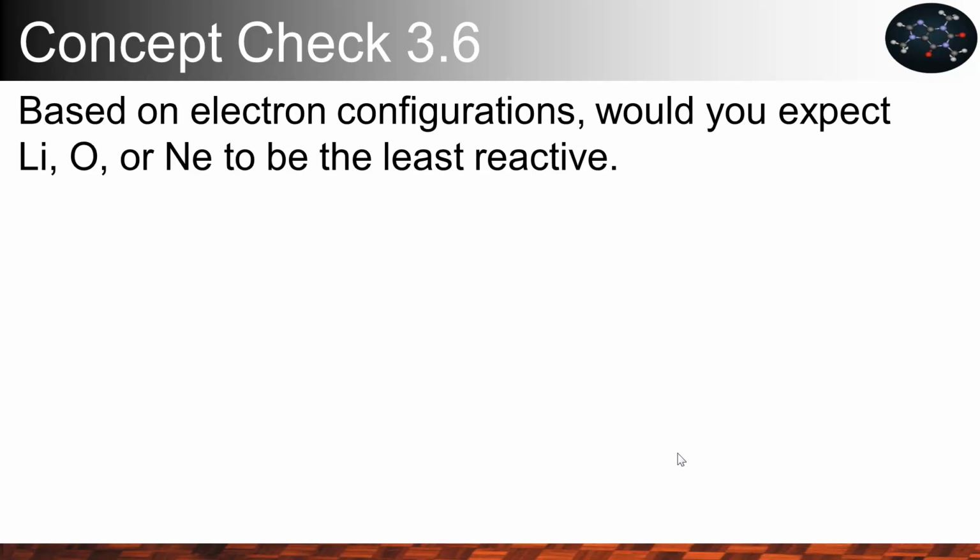Alright, so which of these would you expect to be the least reactive, meaning the most stable? Okay, so keep in mind, n equals 1, 2 electrons, n equals 2, possible 8 electrons, n equals 3, 8 more possible electrons.